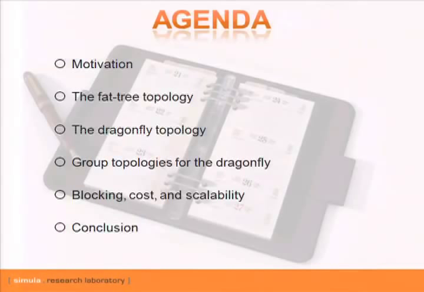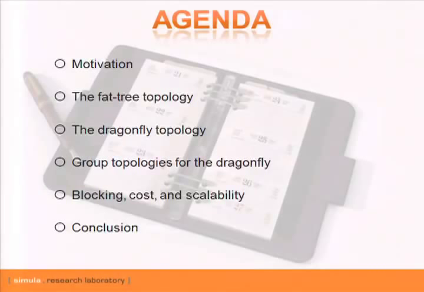Now, for the agenda, I would like to start with some motivation before continuing with discussing the characteristics of the fat tree, and then I will dive into the dragonfly topology, how to build this topology, and the thoughts behind it.